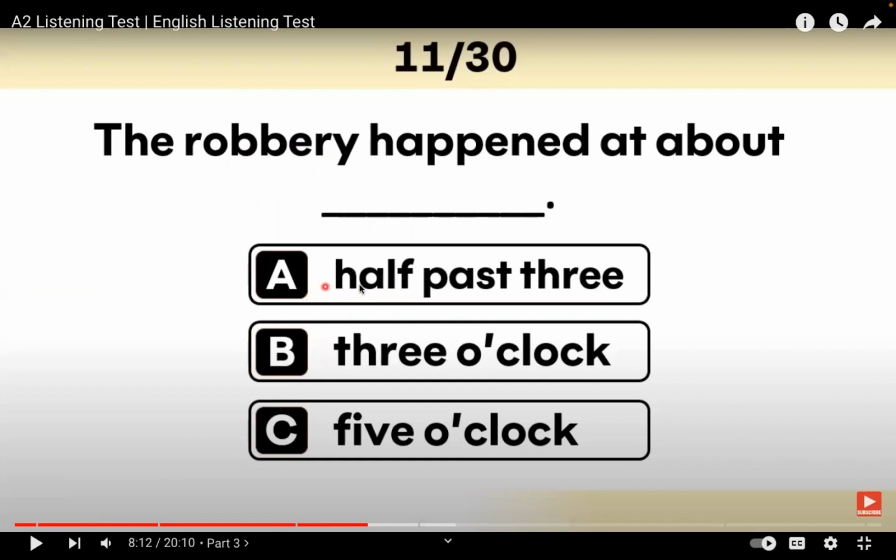So A 3:30, B 3 o'clock, C 5 o'clock. Maybe 3 o'clock. Maybe.